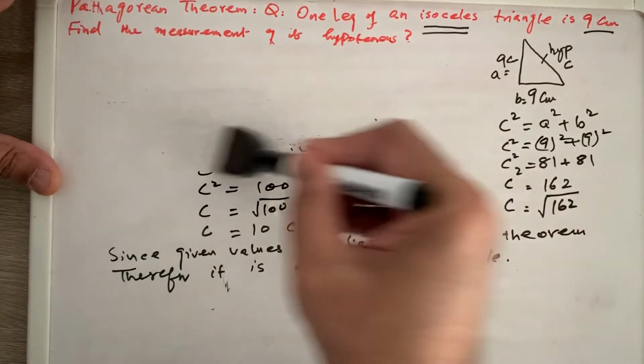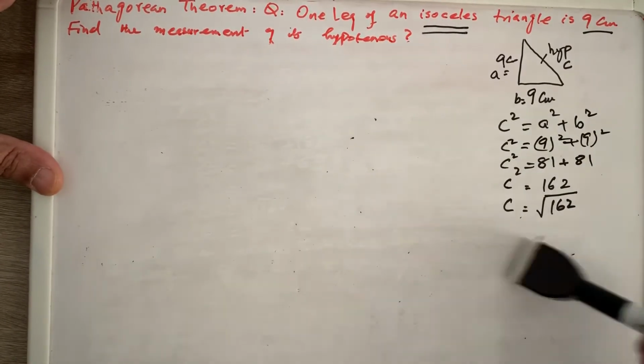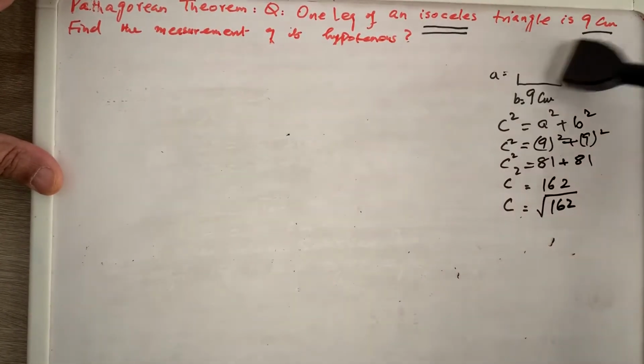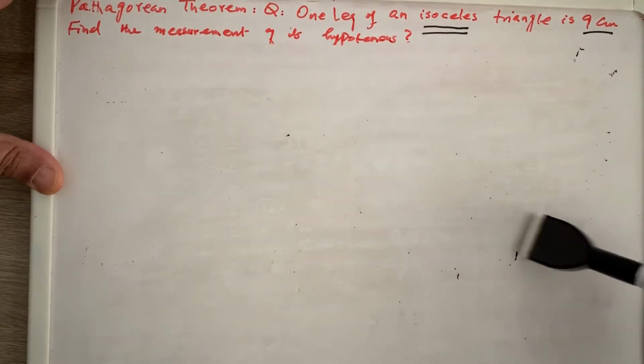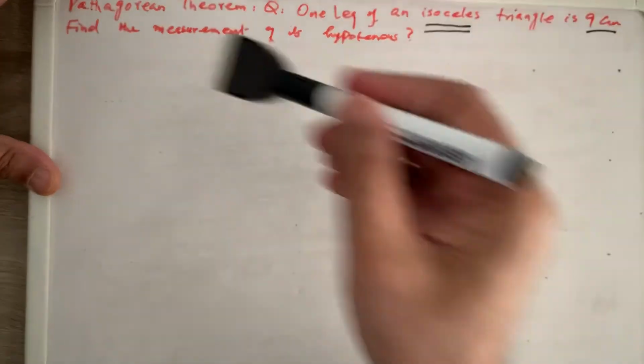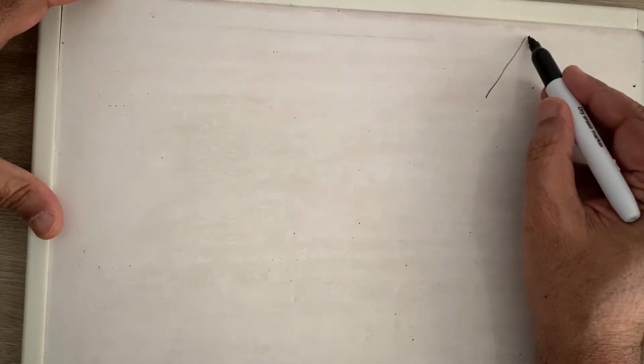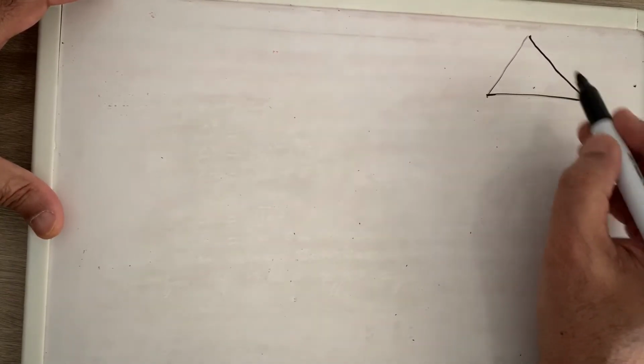Then I erase this and I will put another example for you. Now we have a question like this, where a picture or diagram is made which is like this.